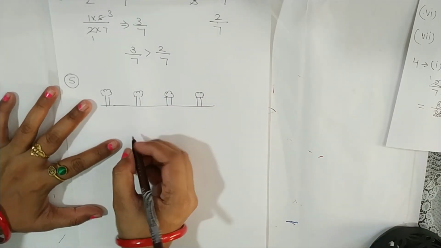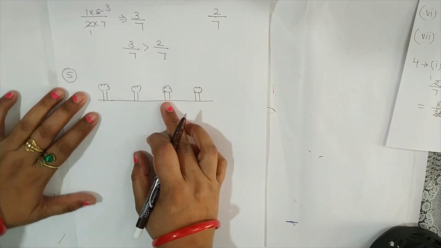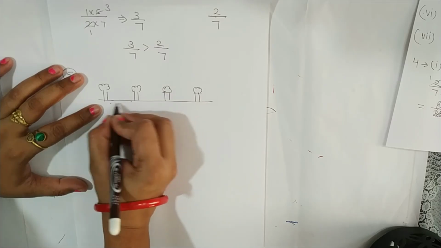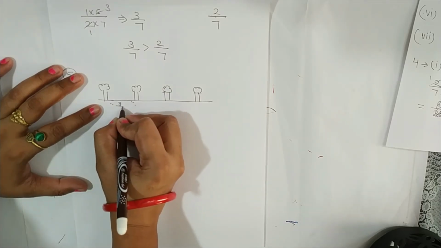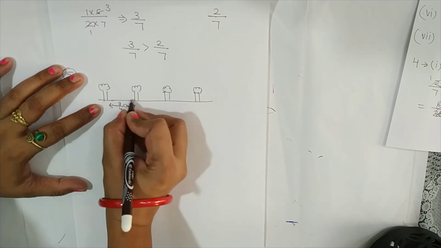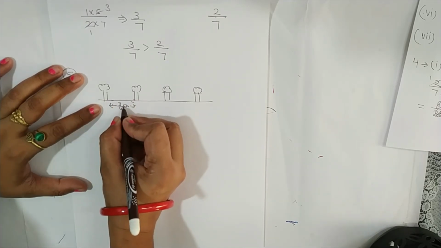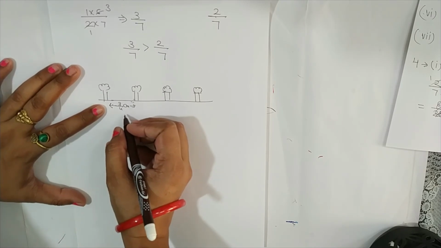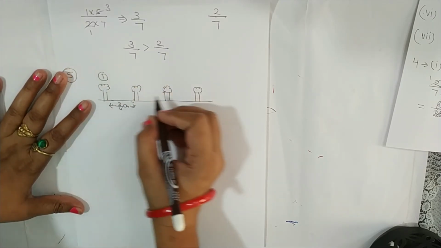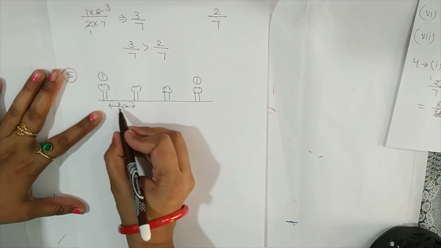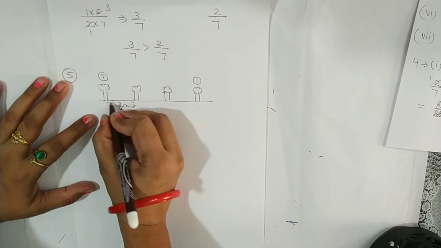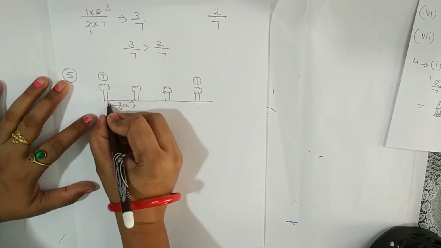The distance between 2 adjacent saplings is 3/4 centimeter. Now we have to find the distance between the first and the last sapling. It means we have to find the distance between this and this.